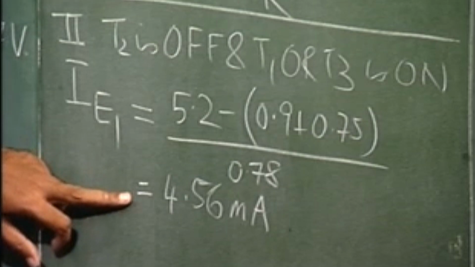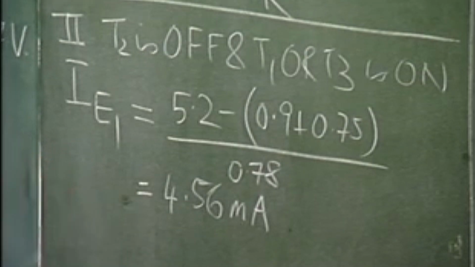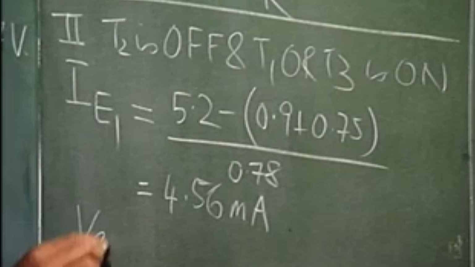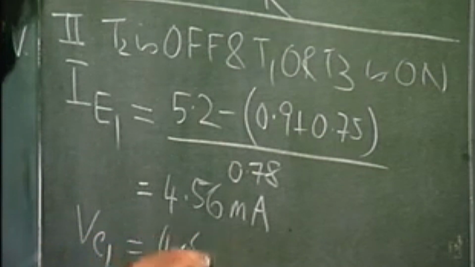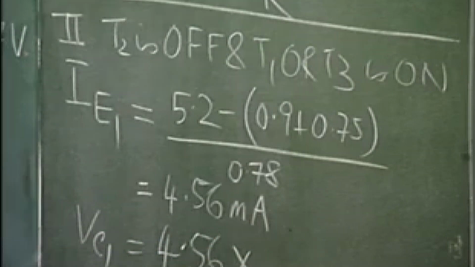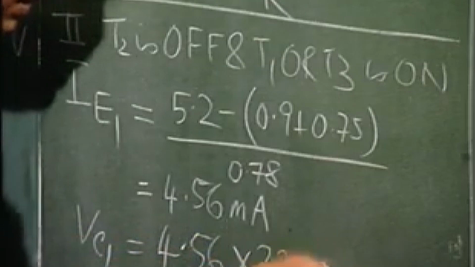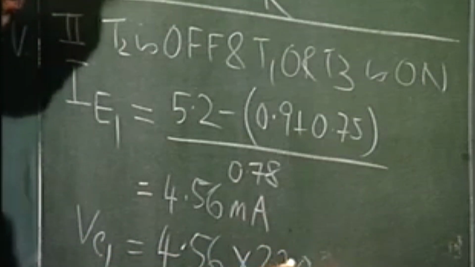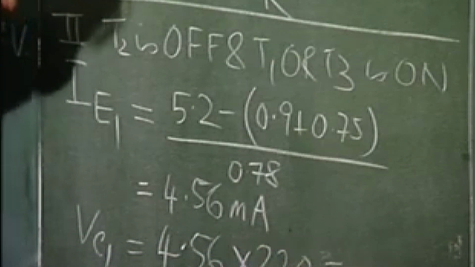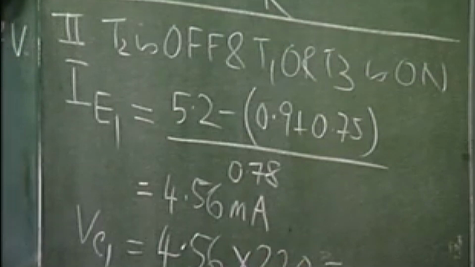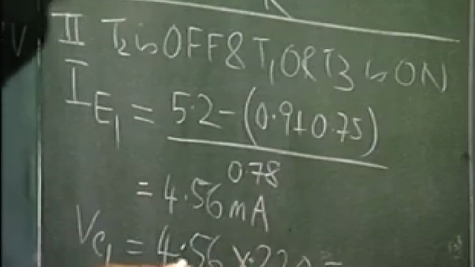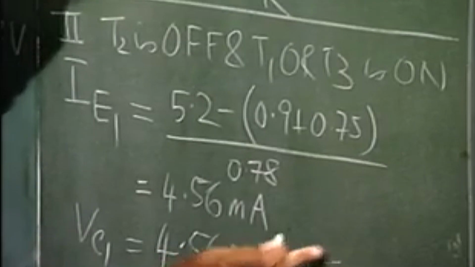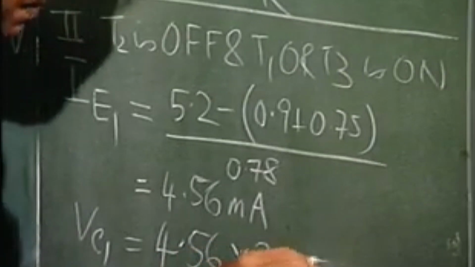Now, what is the output voltage? What is the collector voltage going to be? VC1 is going to be 4.56 into 220 ohms. So, this is milliampere and this is kilo ohms, so this is going to be 0.22 times 4.56, which is about 1 volt.